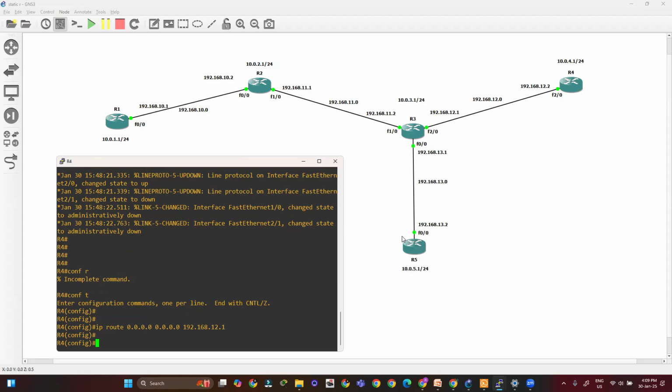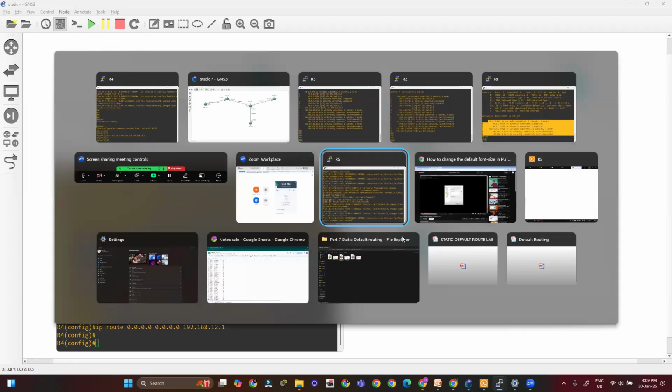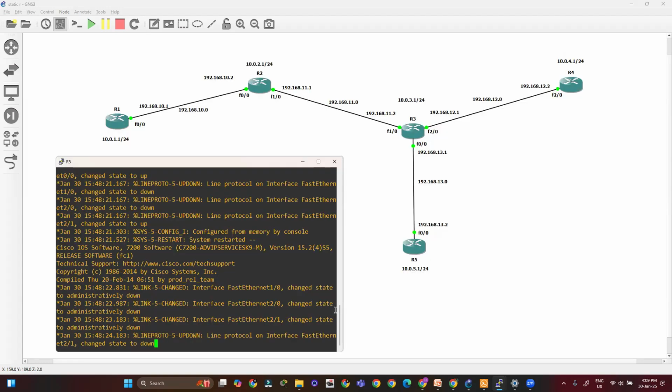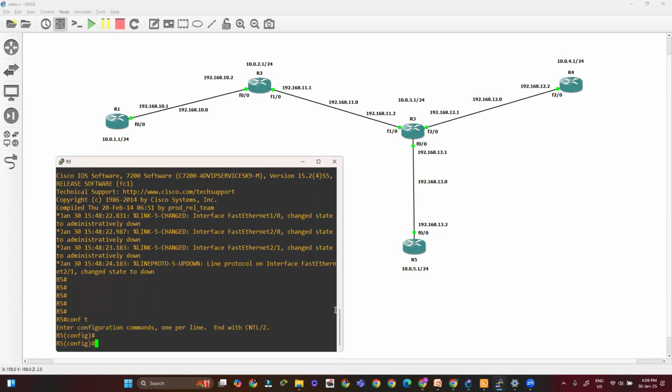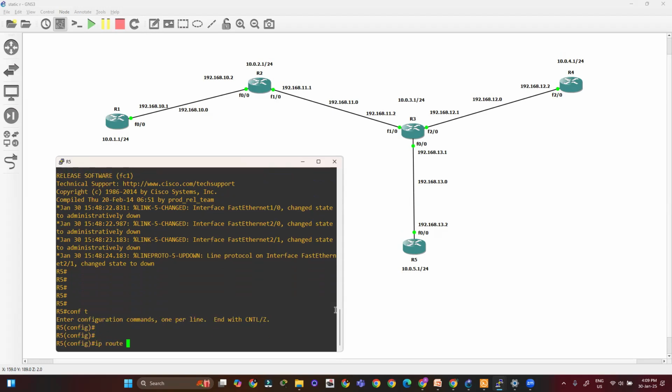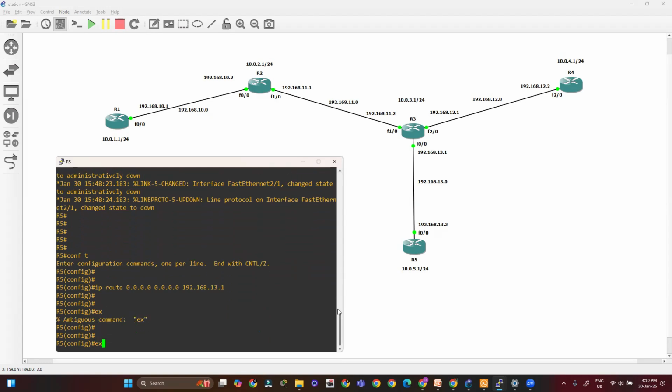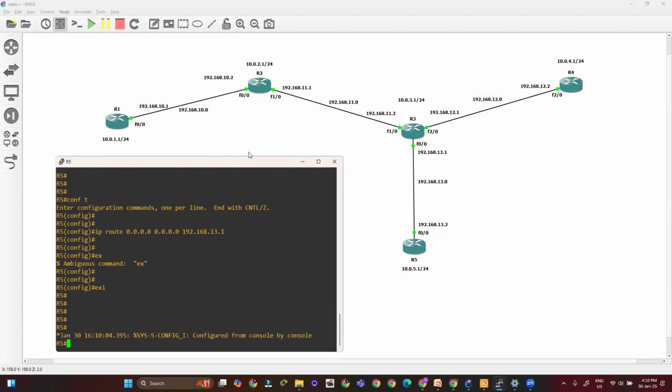Let's go to router number 5 and do the same. Configure terminal, IP route 0.0.0.0 0.0.0.0, and the next hop address is 192.168.13.1. So here we have just configured the default route.